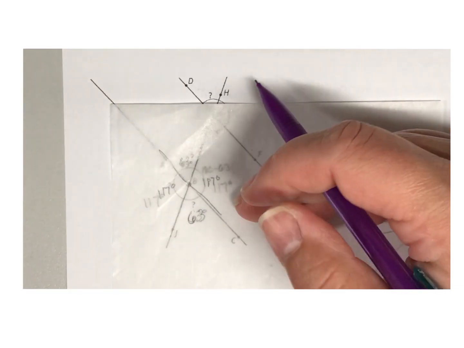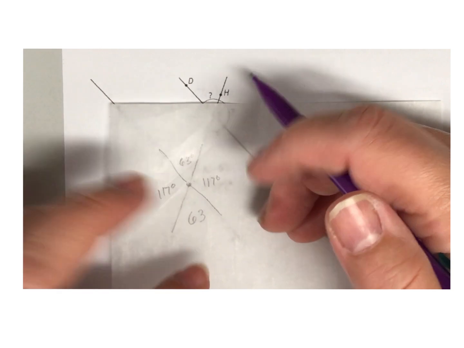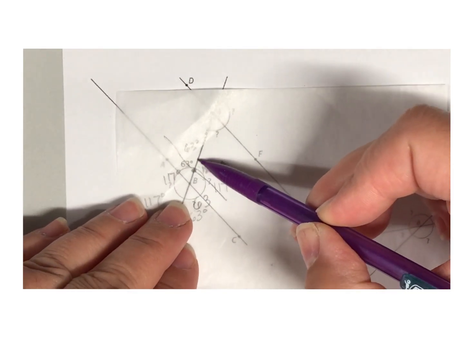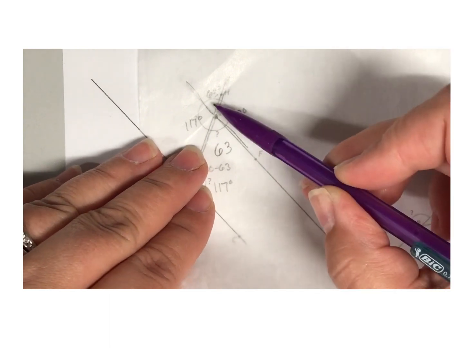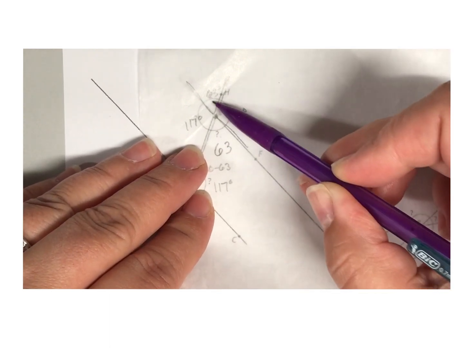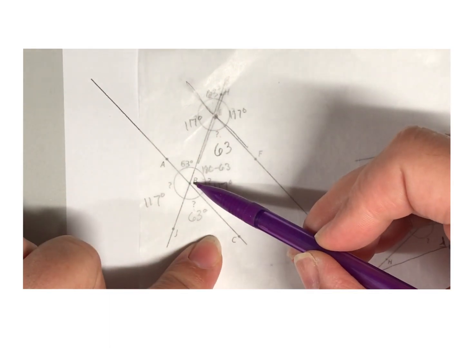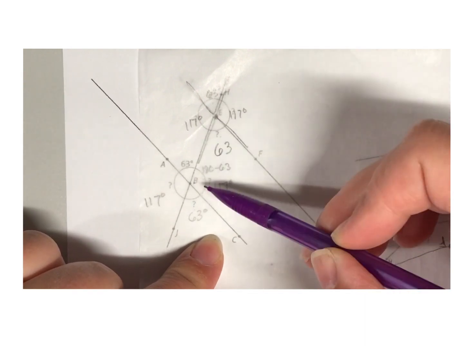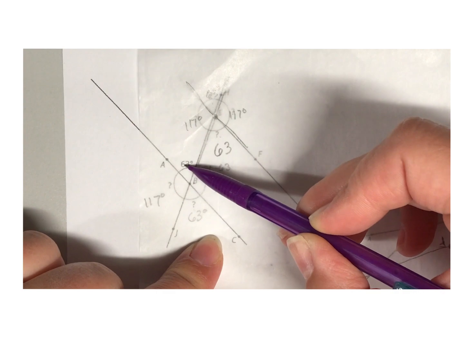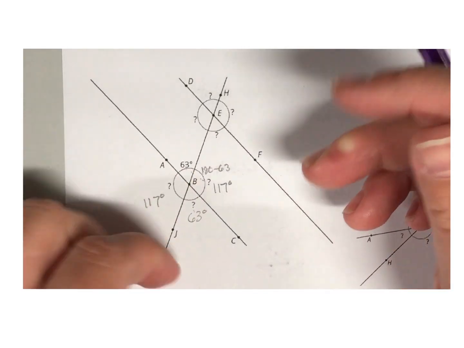So notice how I'm going to slide it along, and I come up, and oh, look at that. These ones are also the same as what we had down here. So if I have that, this one is 63 degrees.